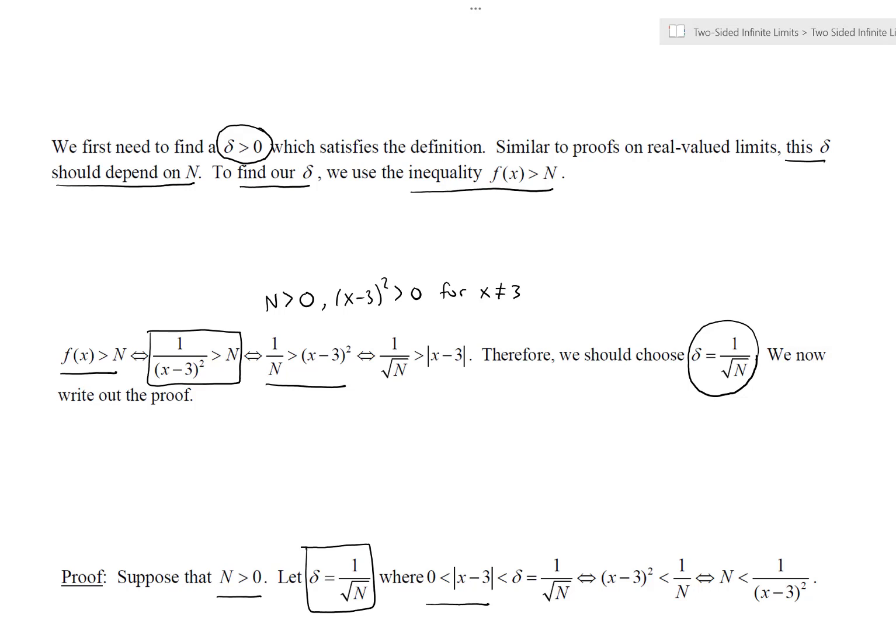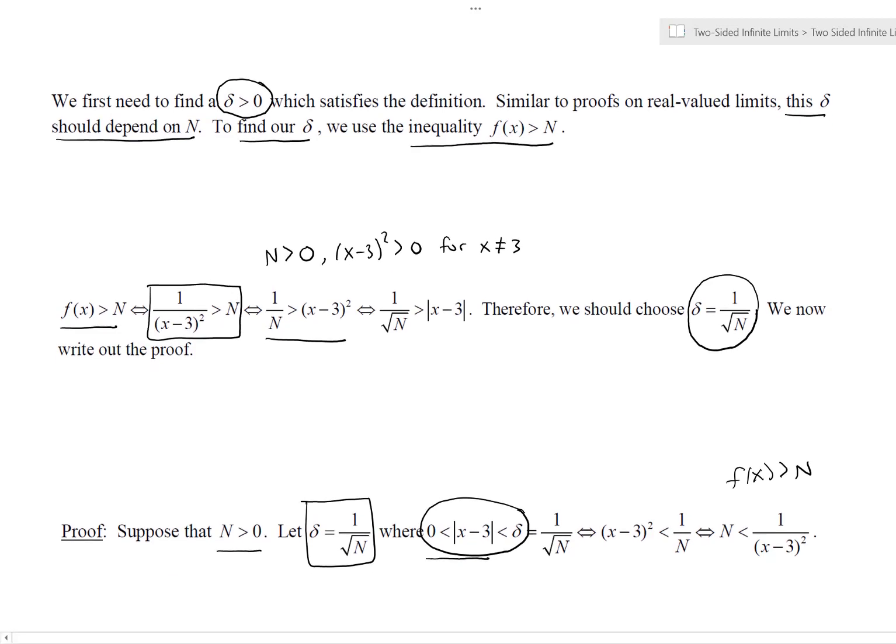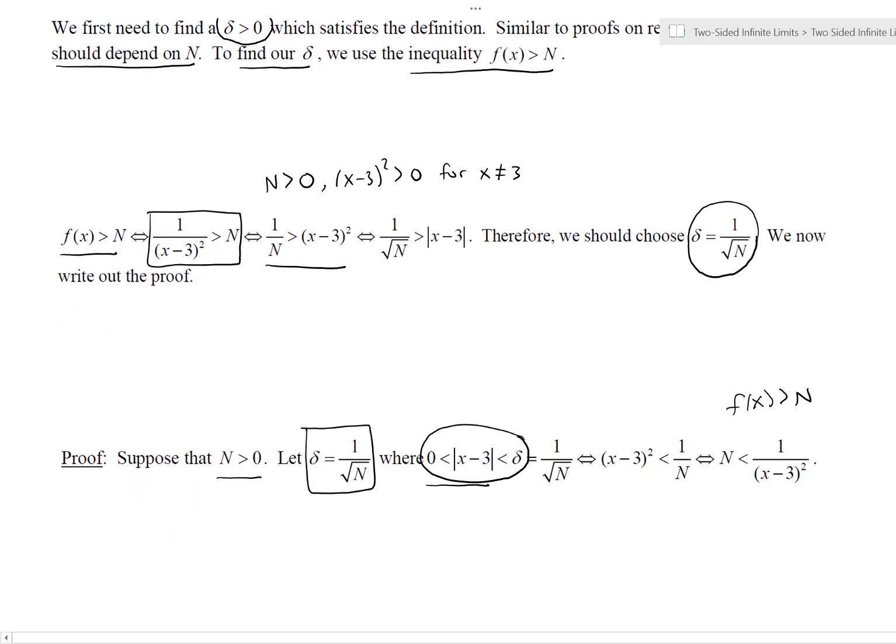We get x minus 3 squared is less than 1 over n. Hence, n must be less than 1 over the quantity x minus 3 squared, which is the same thing as saying that f of x is bigger than n. So it shows that as long as x is in this neighborhood around 3, and we let delta equal 1 over the square root of n, then it always is true that the function is bigger than n.